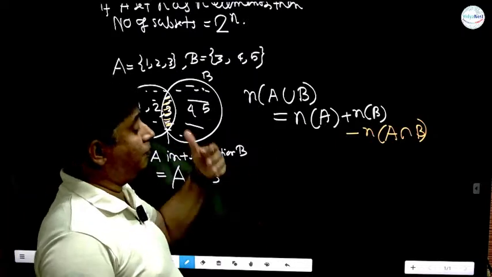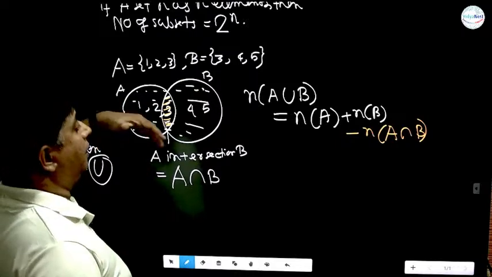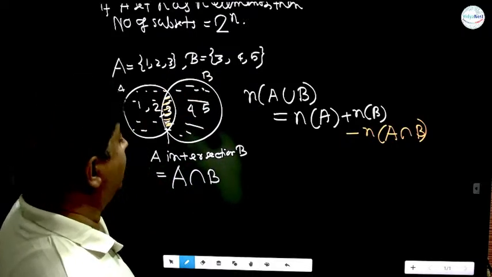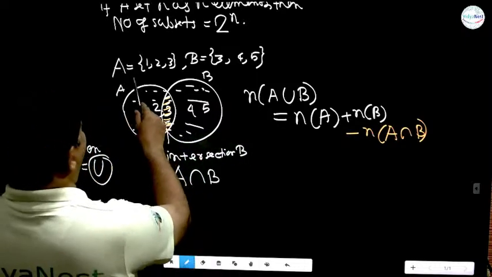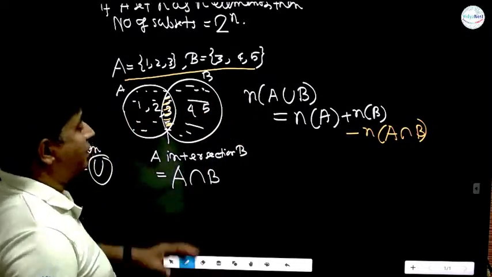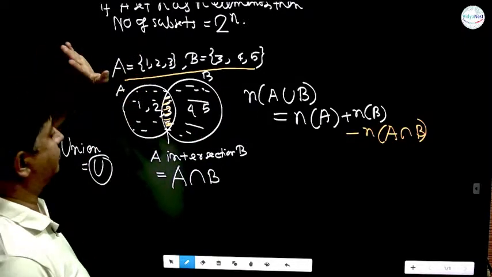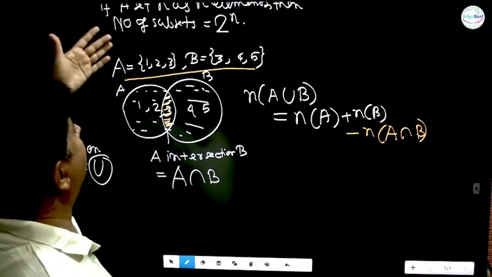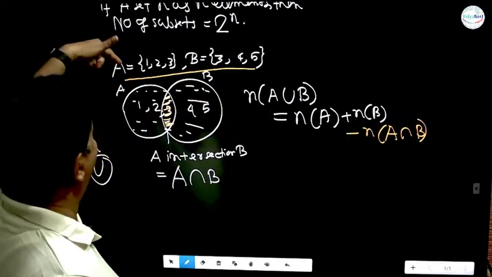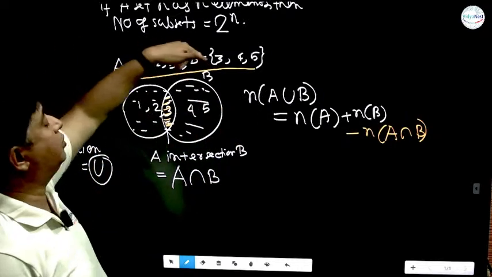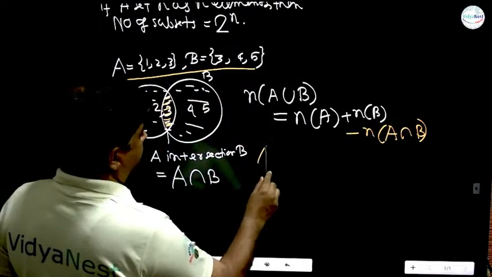Now, what will happen in case of 3 sets? Before that, suppose we have these 2 sets. Let us analyze this example, A and B. Now we will compare the union formula on these two sets. What is A intersection B?